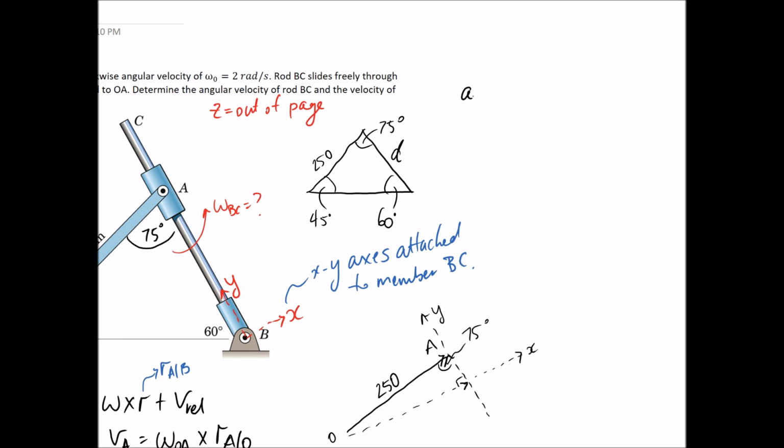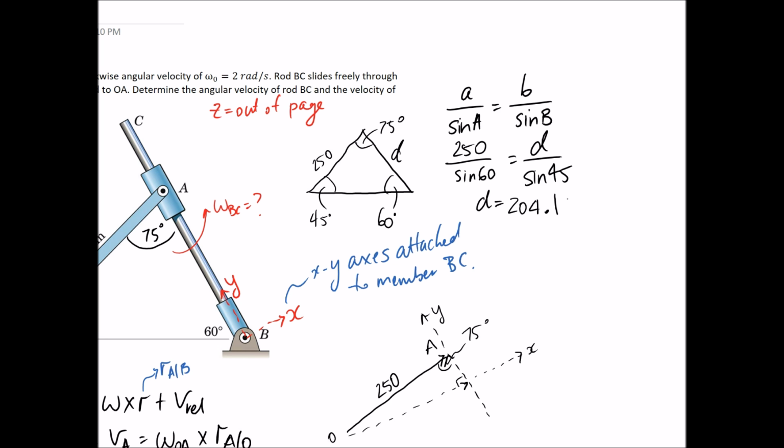So the sine rule is A on sine A equals B on sine B. And I think that's the most appropriate one since we have all the angles and we also have one side. So if we use this side, it's going to be 250 on sine 60. The opposite one is equal to D, the one we're trying to find, on its opposite, so sine 45. And from this, you find out that D is equal to 204.1.